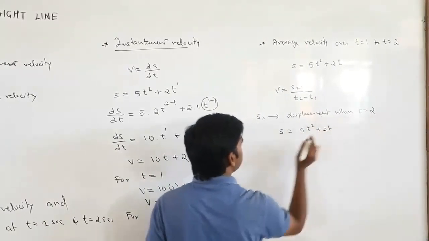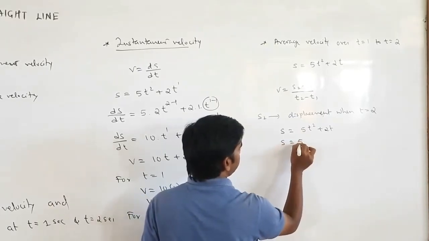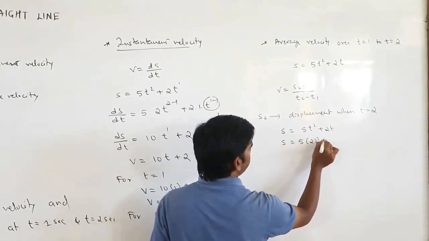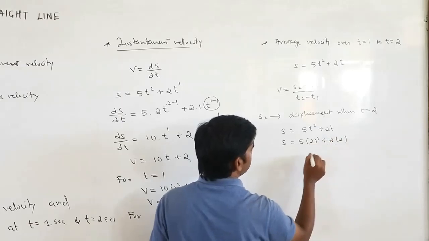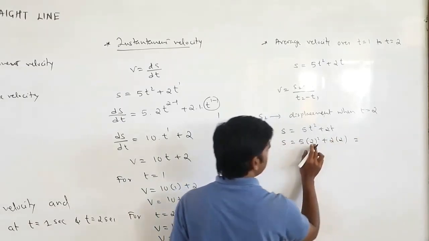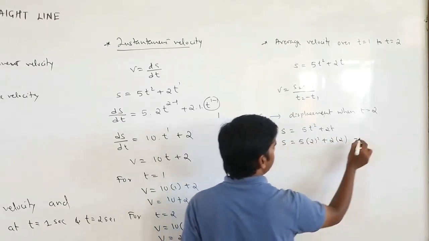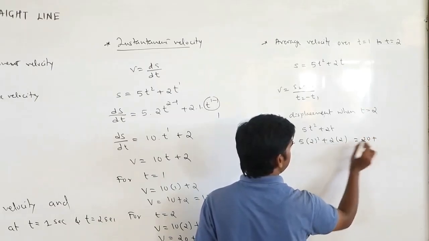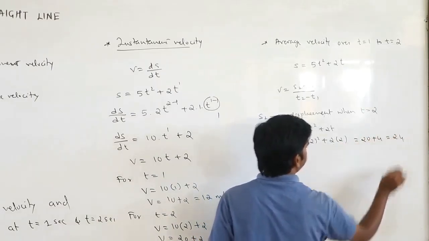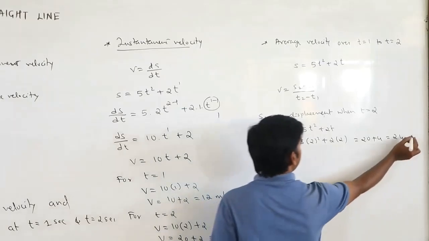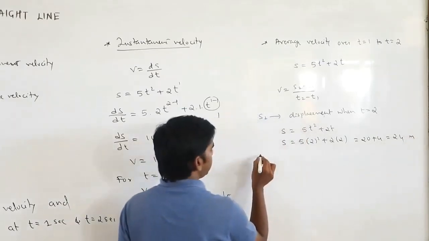Substituting t equals 2, s equals 5 into 2 square plus 2 into 2. 2 square is 4, 4 into 5 is 20, plus 2 into 2, 4, so this is 24. So 24 meter displacement.